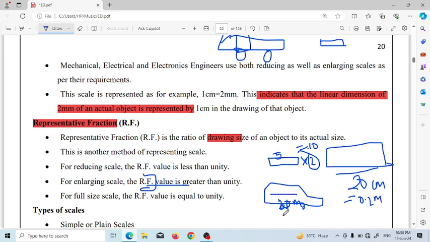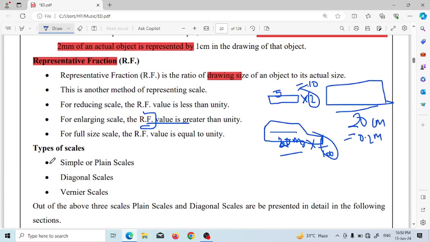So we have to divide this length by some factor, or multiply by some fraction, to fit it in the paper. By multiplying by 1 by 100, we can easily fit it. So 1 by 100 is less than 1. This multiplying factor is called RF. So the RF value is less than unity for a reducing scale. Understand?